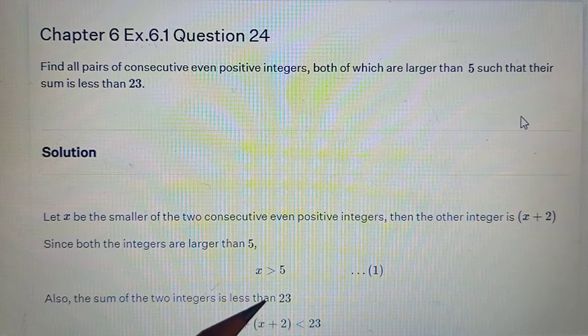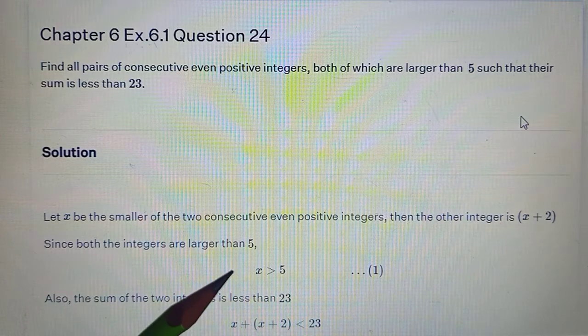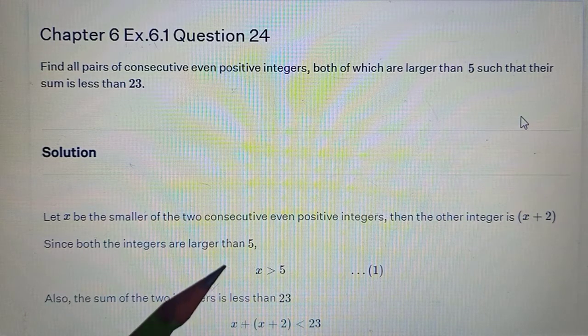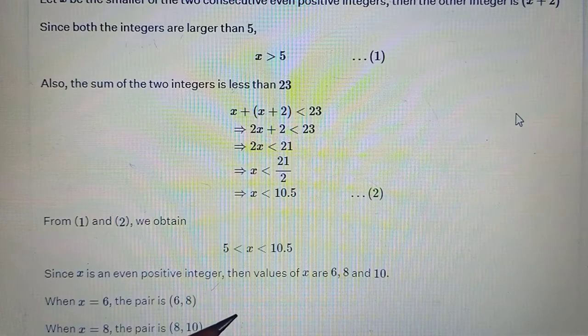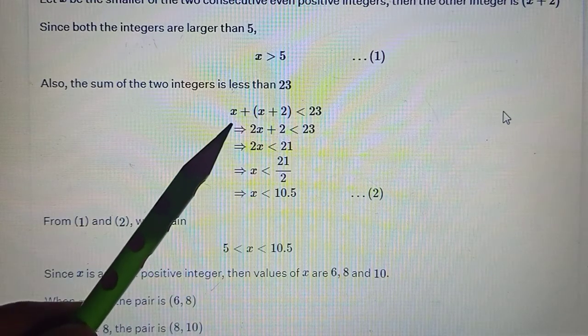So if you merge these two, x greater than 3 and x greater than 5, any x which is greater than 5 automatically satisfies x greater than 3. If x is greater than 5, any number greater than 5 has to be automatically greater than 3. So one limit will apply, x is greater than 5, and then we have to talk about their sum. So when we are talking about the sum, that is how it comes.